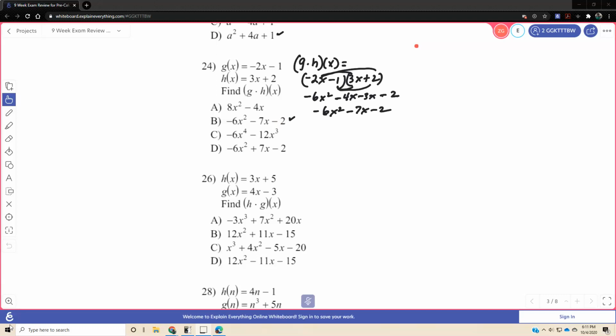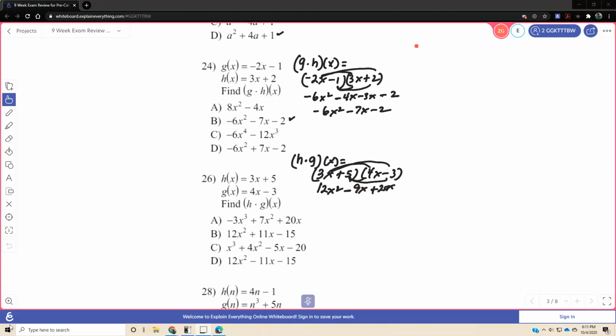We're going to go ahead and do 26. We have h times g of x. So we have 3x plus 5 times 4x minus 3. 3x times 4x gives you 12x squared. 3x times negative 3 gives you negative 9x. 5 times 4 gives you plus 20x.